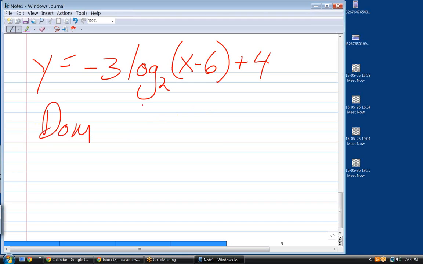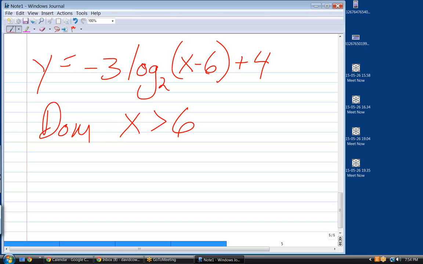Would it be 6? Greater than or equal or what? Greater than, right? It's got to be greater than, not greater than or equal, because you cannot take the log of 0. So it's got to be greater than 6.